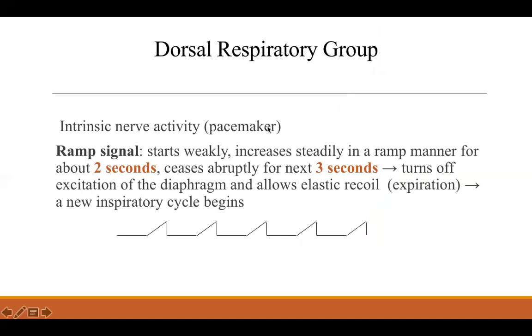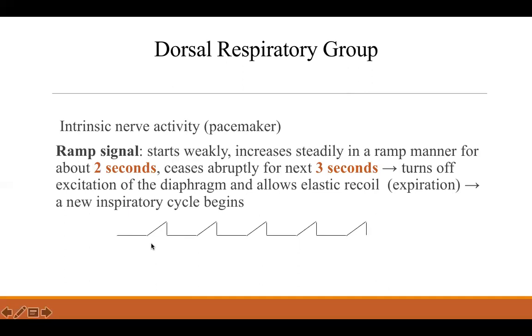respiratory center. The main one, as you know, is the dorsal respiratory group. This has intrinsic nerve activity to stimulate the respiratory muscles. So this acts like a pacemaker of breathing. The way it acts is also interesting. It would start off in a weak manner.